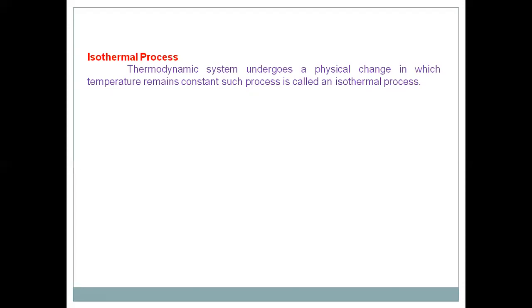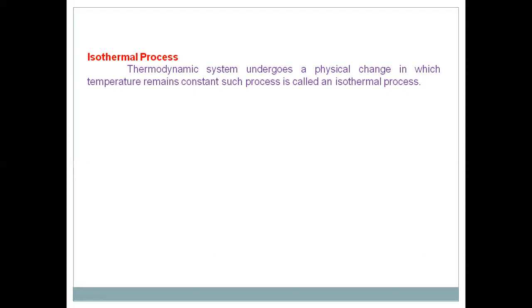What is an isothermal process? A process in which a thermodynamic system undergoes a physical change in which the temperature remains constant. It is nothing but the temperature of the system not changing. Such a process is called an isothermal process.